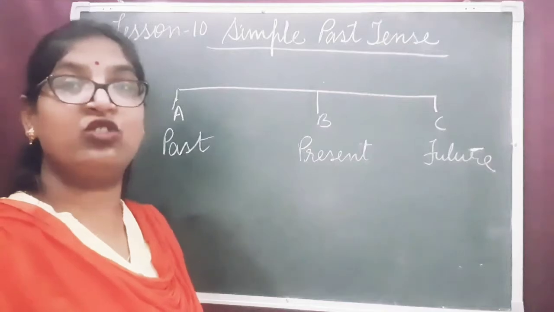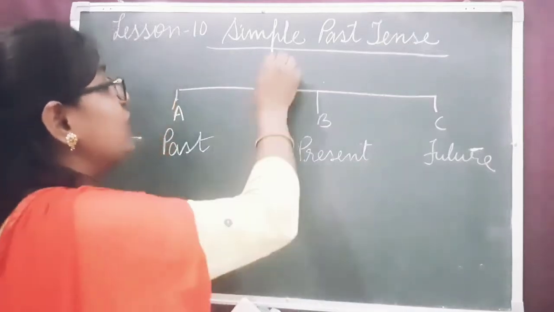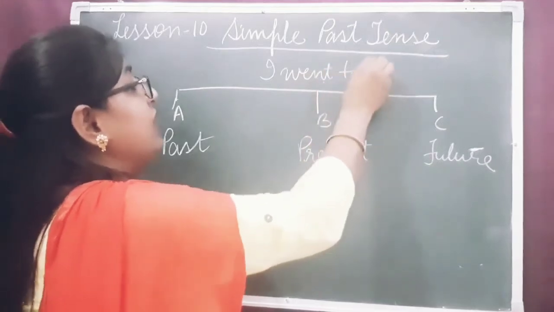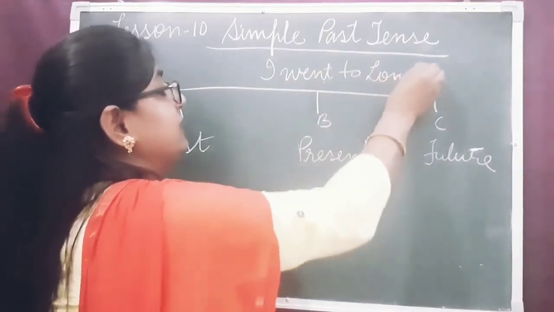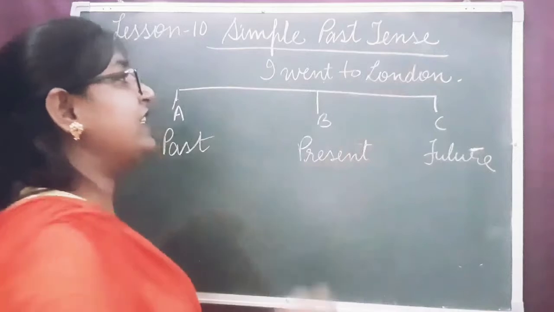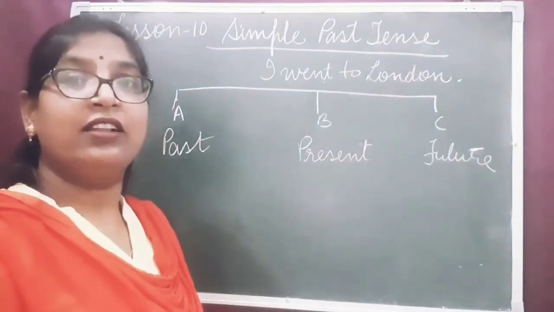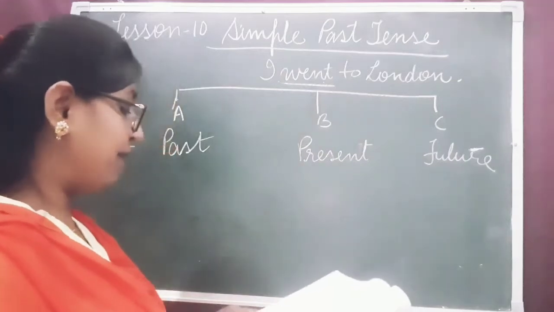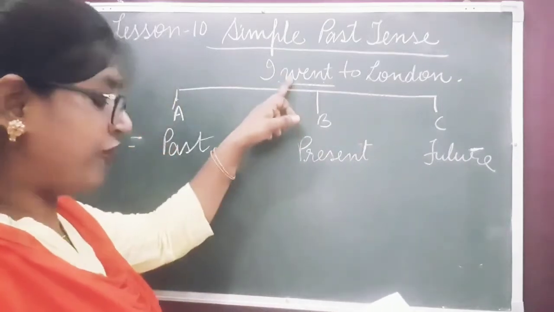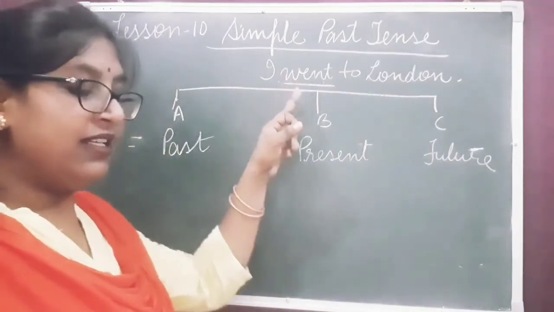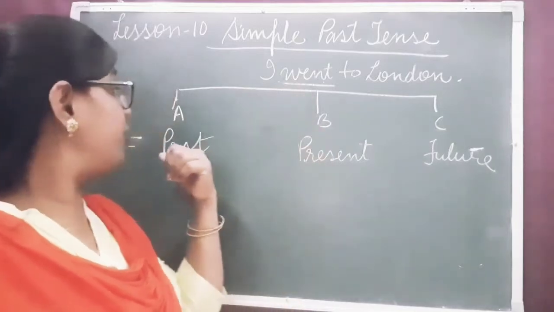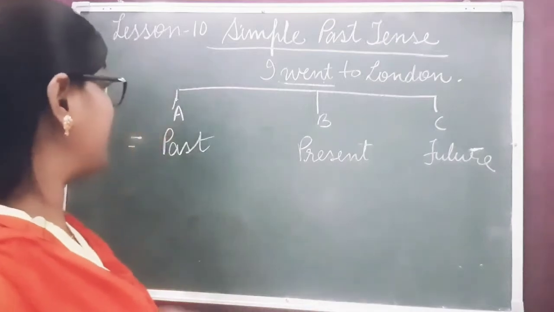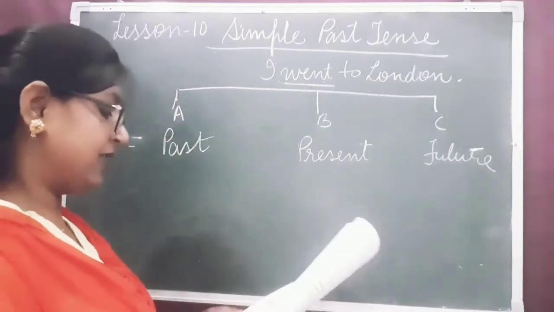In the present we are talking. If I say, I went to London, dear children, here the word went indicates the past action. The verb went tells us that the action of going to London took place at some time in the past.